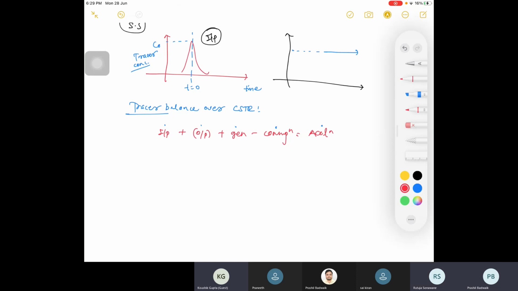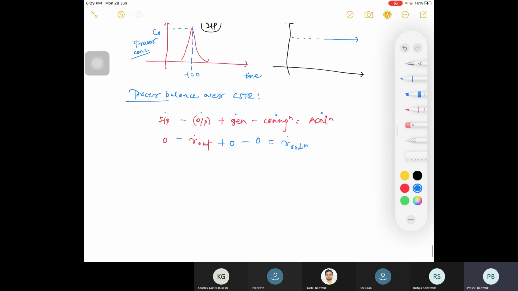No, sir. Your input is 0. Your output is, yes, there is output and it is continuous. So I'm writing the rate at which it is coming out. So I told you tracer is non-reactive, so there is no generation, there is no consumption, and accumulation will be there. So that value I'm writing as rate of accumulation, the rate at which it is accumulating.